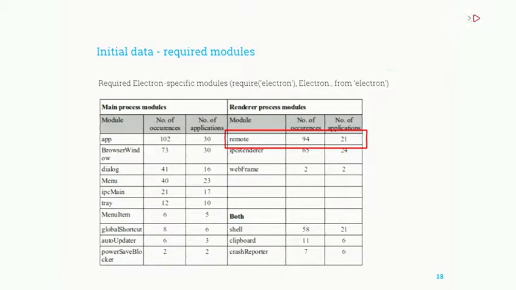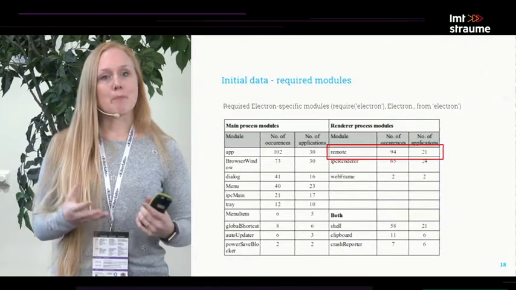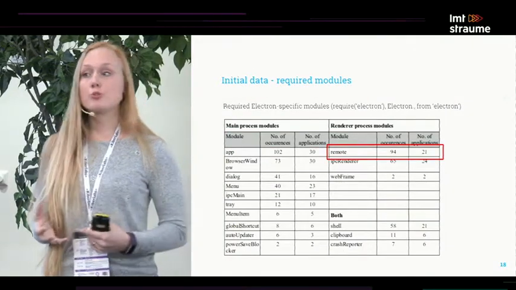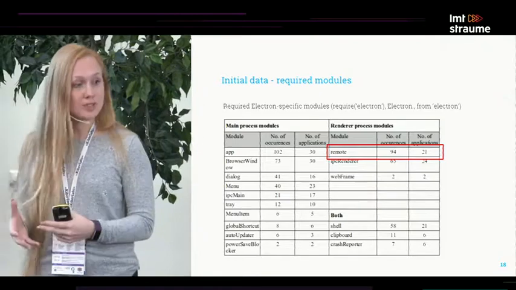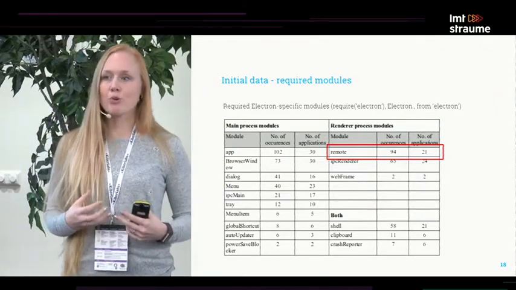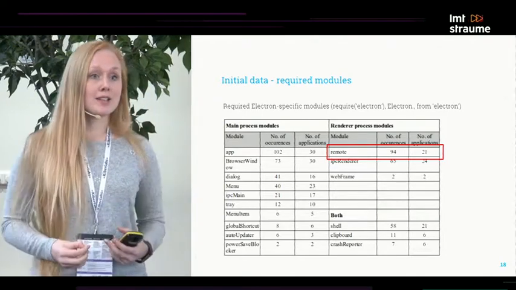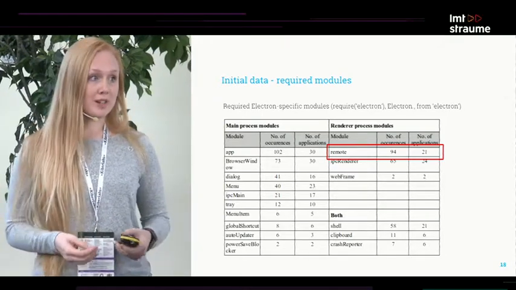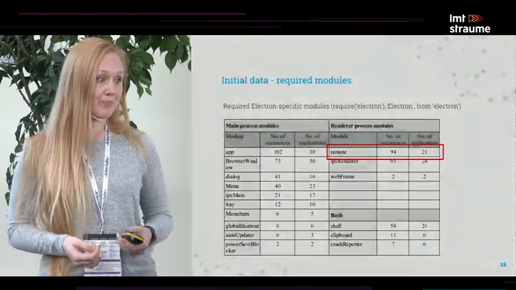Not a lot of different functionality there. One of the things that got my eye was the remote module, which enables you to have access to the main process modules, but from the renderer process. So this allowed me to assume that the most valuable functionality for the developers was within the main process modules.